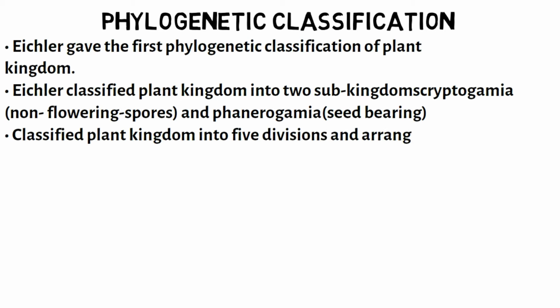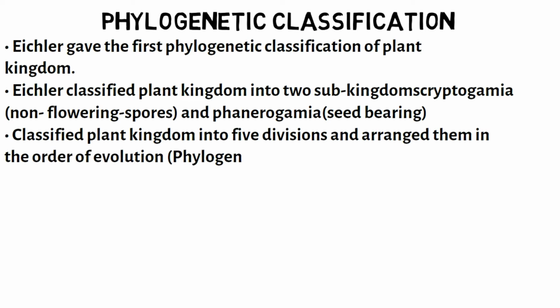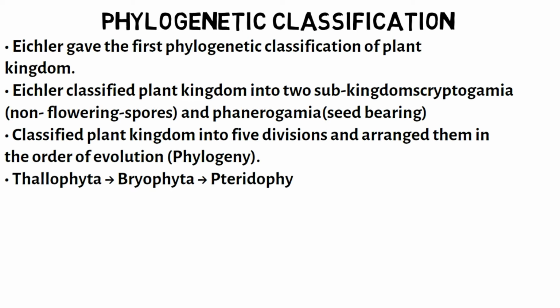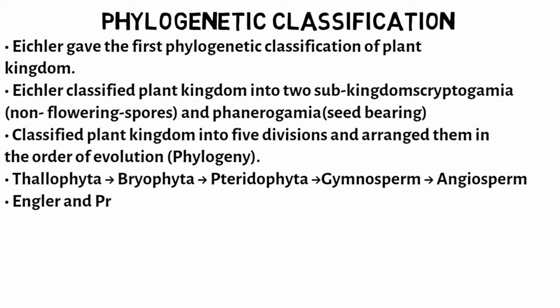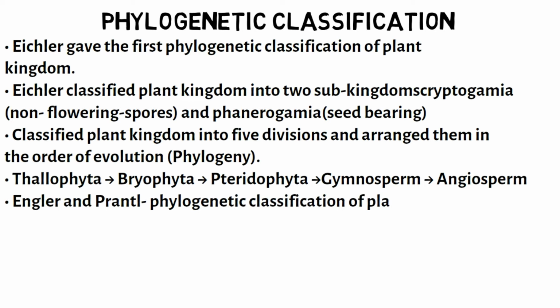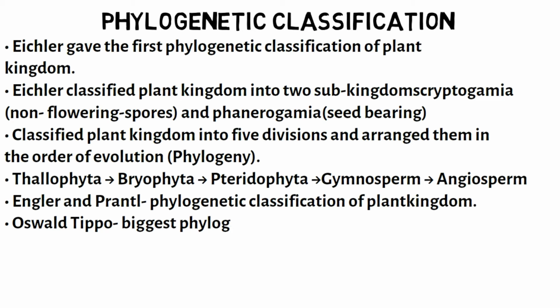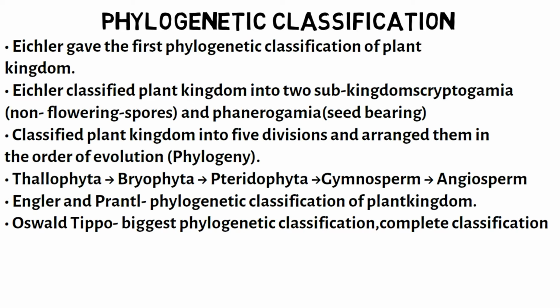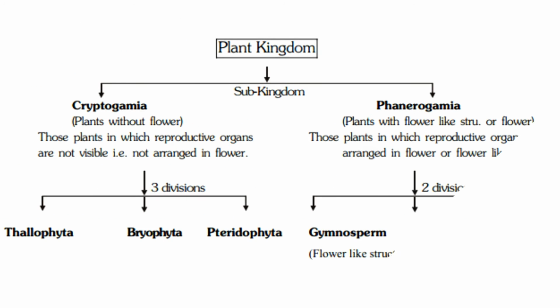He classified the plant kingdom into 5 divisions and arranged them in the order of evolution, phylogeny: Thallophyta, Bryophyta, Pteridophyta, Gymnosperm, Angiosperm. Engler and Prantl phylogenetic classification of the plant kingdom. Oswald Tippo, the biggest phylogenetic classification, a complete classification.